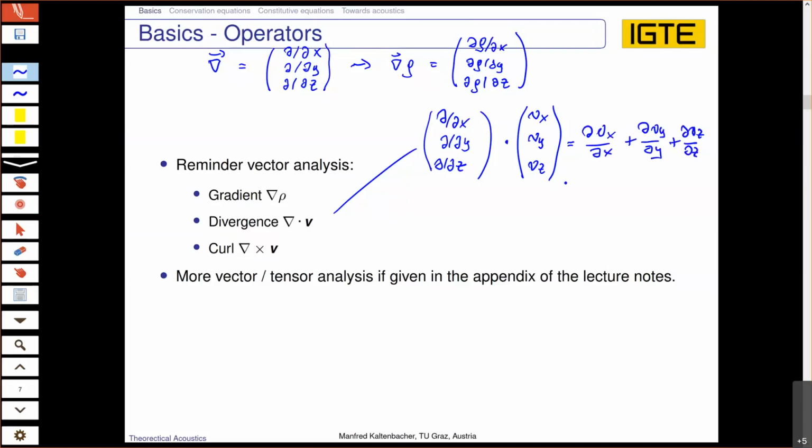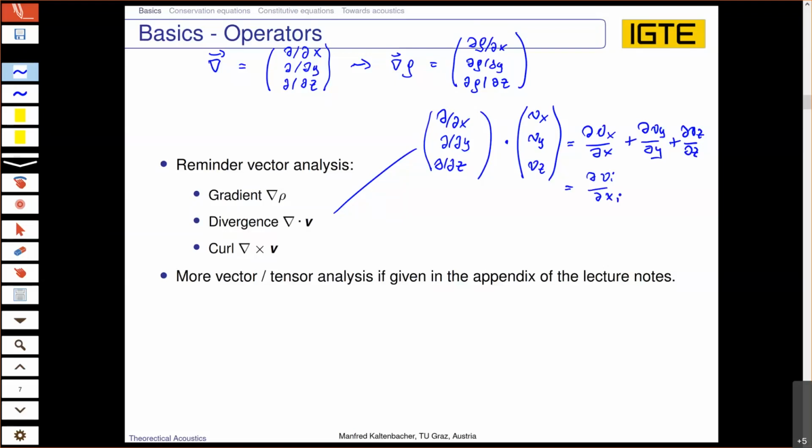And as you can see, you could also write this in index notation. It is dvi dxi. That would be quite simple in this case to write, without all these special notations we need in classical vector analysis.